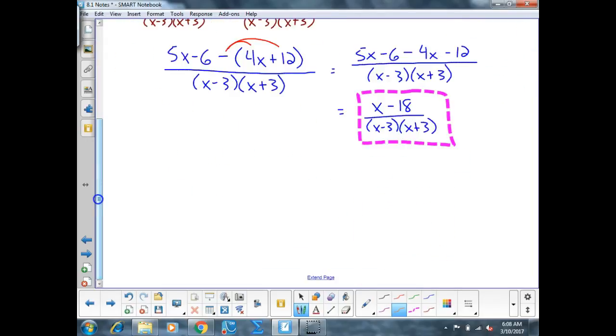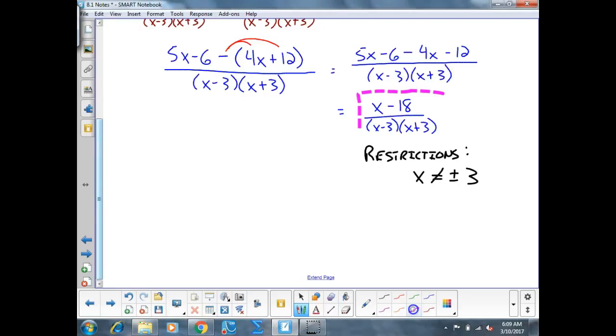So, and from your new one, you look at all of your different parts and you look at your answers. So my restrictions here, x could not equal plus or minus 3. Okay, where the denominator equals 0.